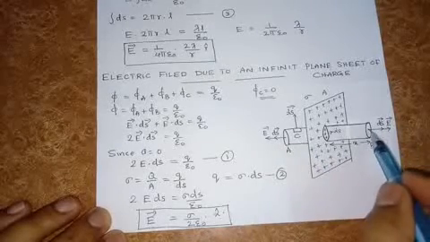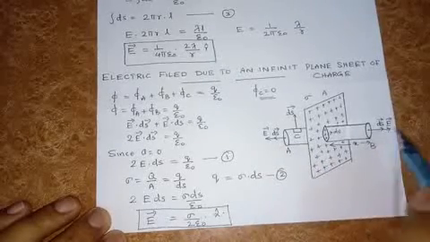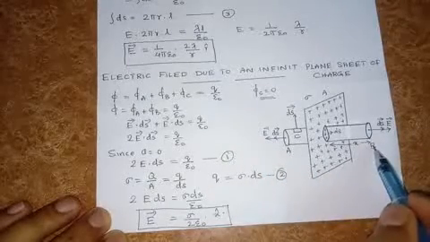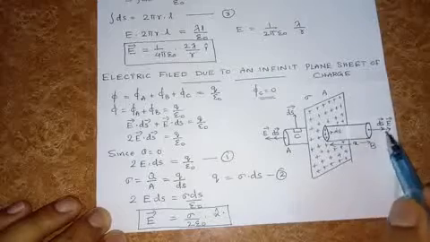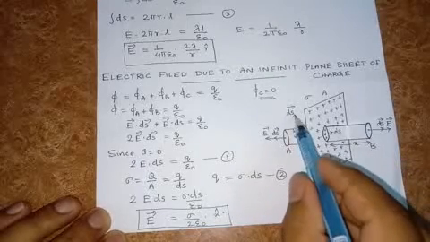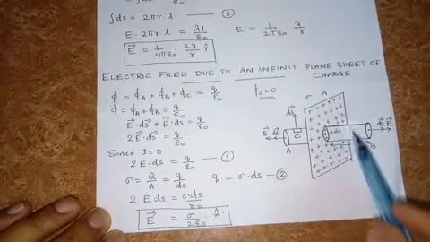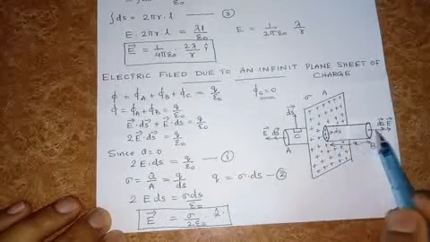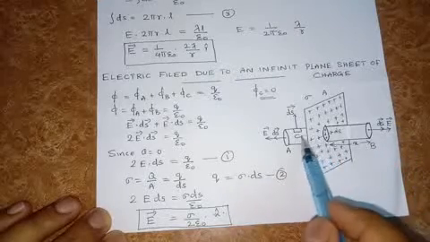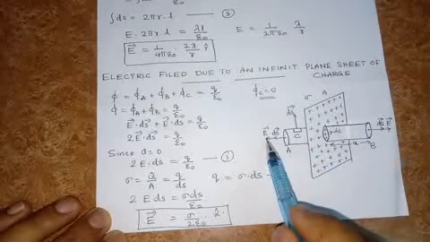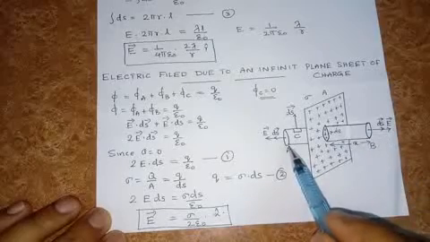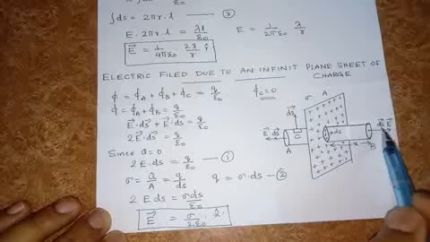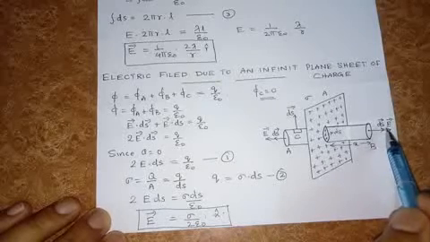Now you can see the area vectors. At end surface A and end surface B, the area vector is like this, and on the curved surface, the area vector is like this. Since it is a positively charged plate, the electric field is radially outwards. Since the field is outwards on either side, on the end surfaces A and B, the electric field and area vector are parallel to each other.